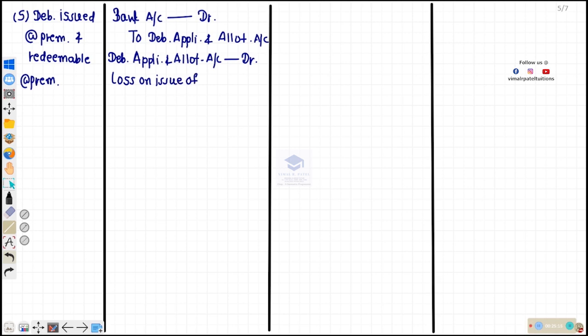Loss on issue of debenture, the extra 5 rupees that company is going to pay at the time of redemption, that is 5 rupees, to debenture, its face value. Debenture will always be credited with the amount of face value, nominal value 100.